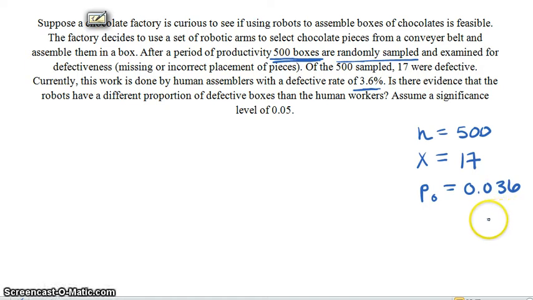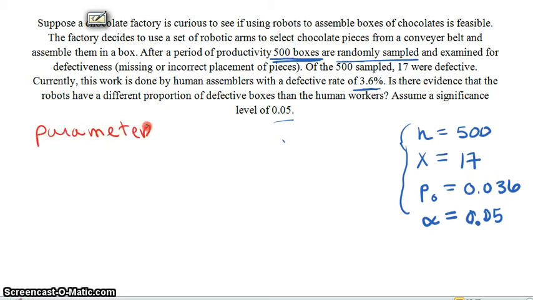So let's go ahead and talk about what my parameter of interest is. Now that we've gotten this information down, also we might want to put our alpha or significance level is 0.05. So our parameter in this case, the unknown from the population, is then p.